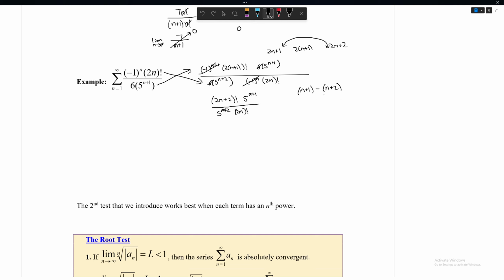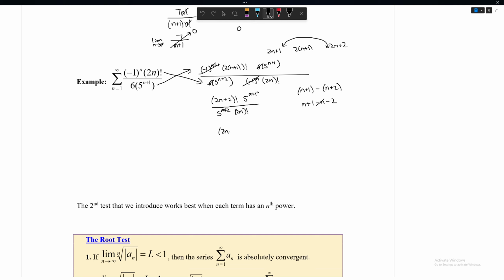And so when I do this, FOIL my negative, so I'll get negative n plus 1 minus n minus 2. And so this will go out with this, and my 1 plus I get negative 1, right? But obviously, 5 to the negative 1 is 1 over 5. You see what I mean? And so what I'm going to do here, I just cancel out my n's. And remember, there's a 1 here. So I do 1 minus 2, that's negative 1, which is 1 over 5.